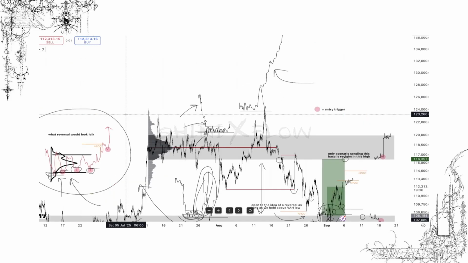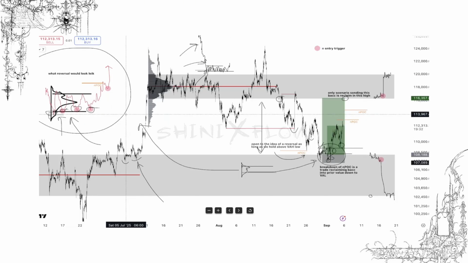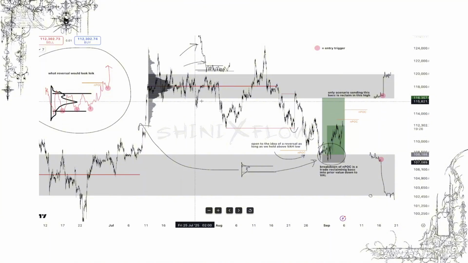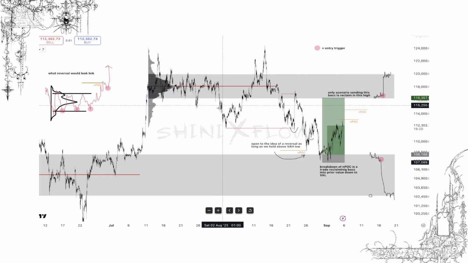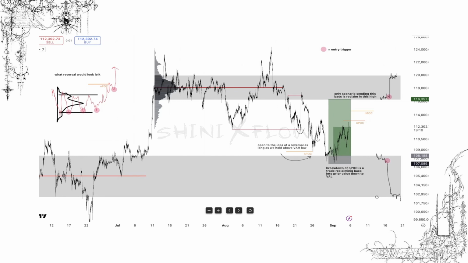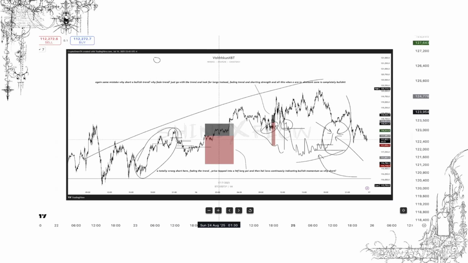There's a lot going on here. Let me delete some of this. If you have proper higher time frame levels like I do here, you're gonna be at good levels for yourself. The 1 minute chart is a premium chart that you can use for understanding microstructure. It's a pretty good chart.